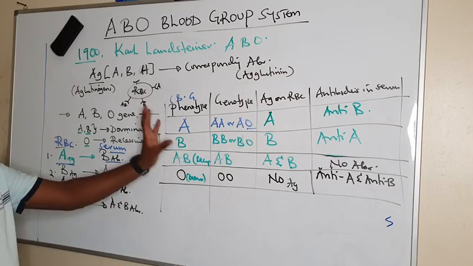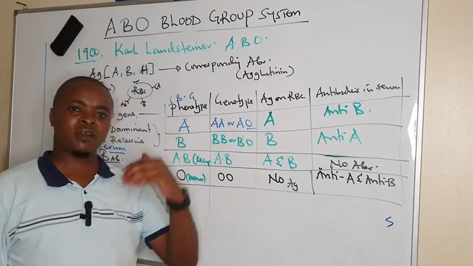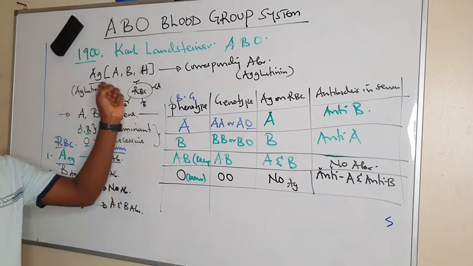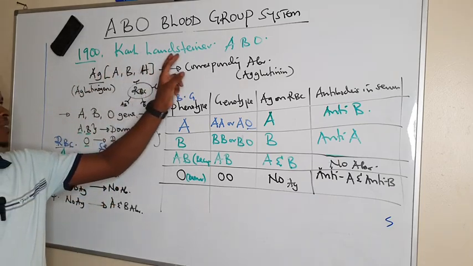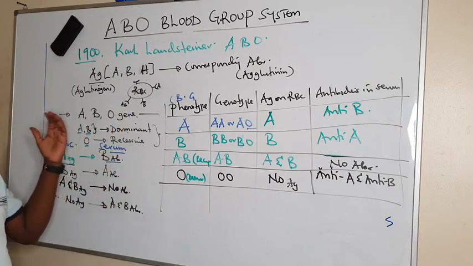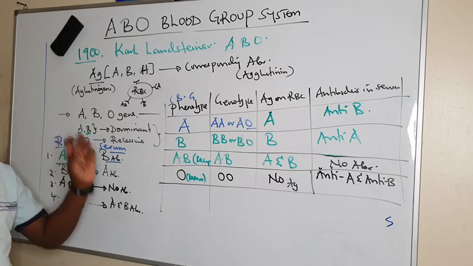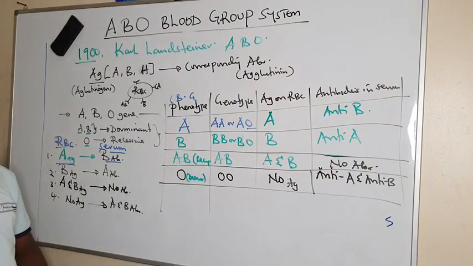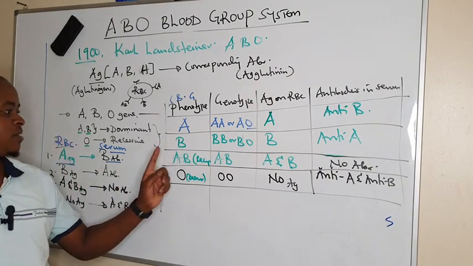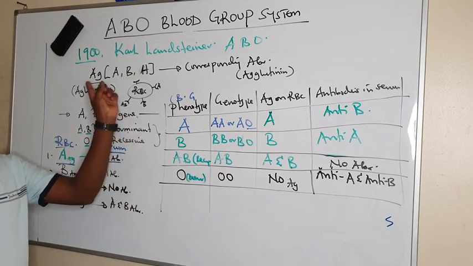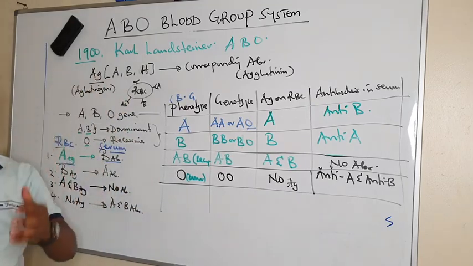So this is what we can talk about in summary. We have to remember that this discovery of immunohematology began in 1900 by a man known as Karl Landsteiner, who further found out that there are 4 different blood groups according to ABO. That was blood group A, B, AB, and O. And it depended on the presence of antigens on red cells.